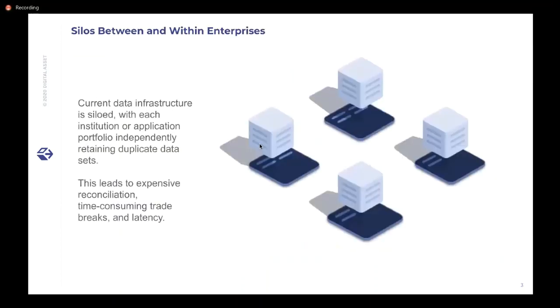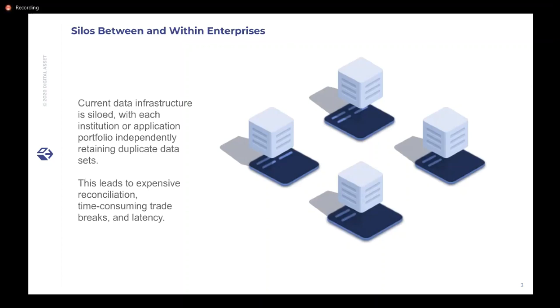As everybody's aware, it all started with the thought of reducing silos between enterprises. Multiple applications, multiple companies working with each other, for example, in supply chain or in finance or in healthcare, between hospitals and insurance firms. Everybody exchanges a lot of information.